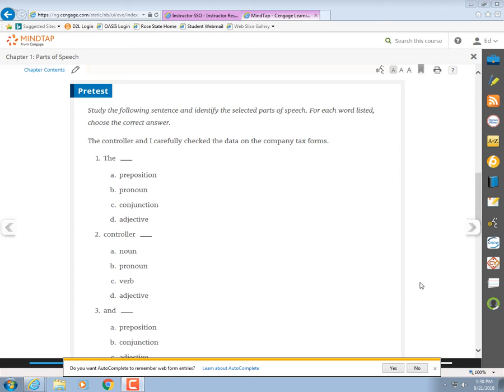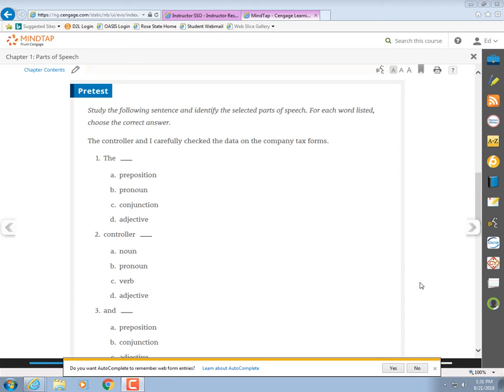I carefully checked it. So this word modifies a verb, so it must be an adverb, because there's no way an adjective can modify a verb. Adjectives modify only nouns and pronouns, like the word the did, modified a noun. Okay, then the data, which data? The data. So that's an adjective, article, that modifies the noun data.